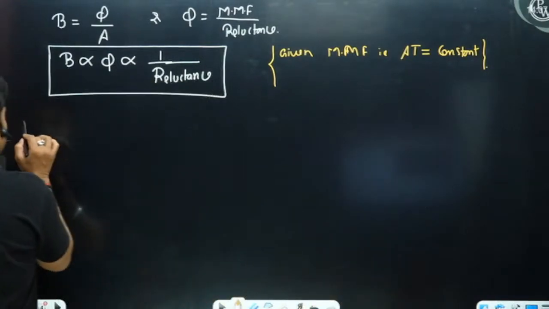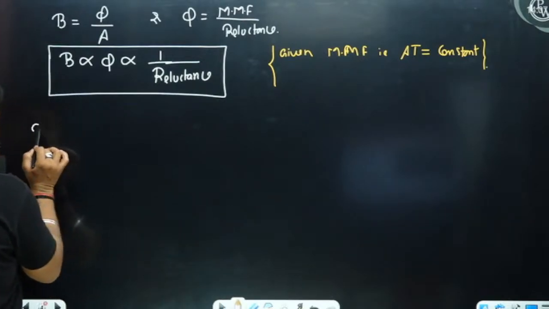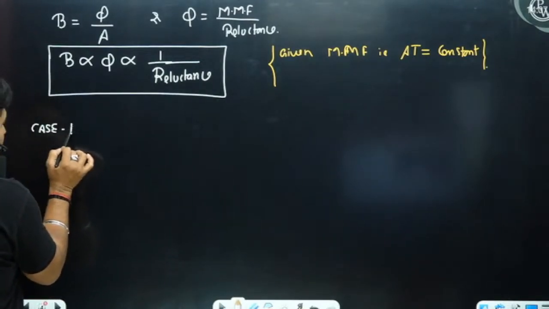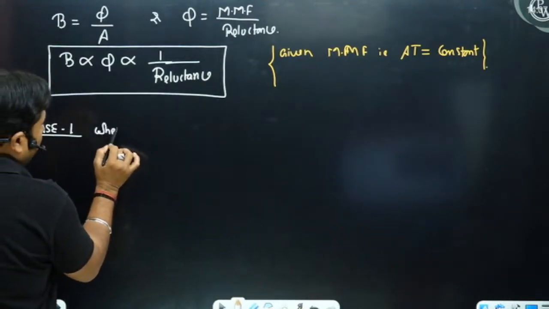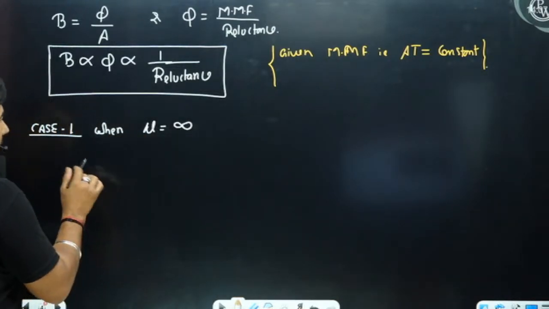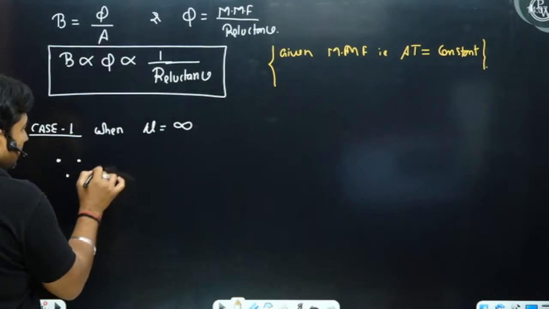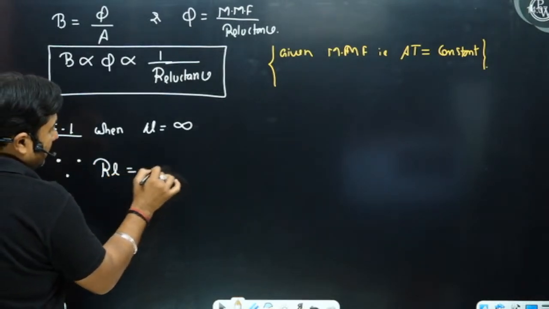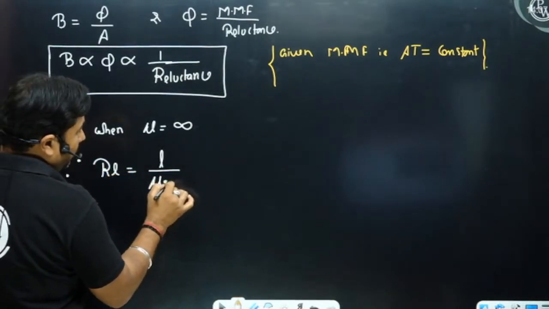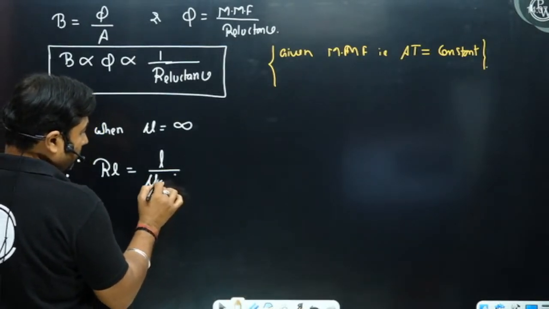So first take the case when the material permeability is infinite. Reluctance is L upon mu into A, where mu is mu naught into mu r.